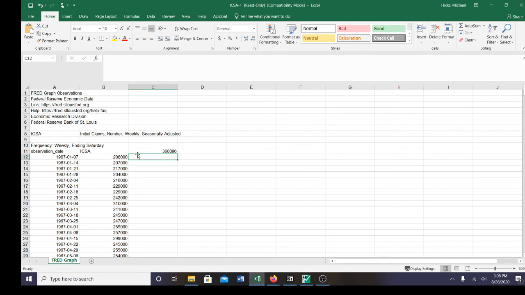So we care about the average test scores of a school. We care about the average height, maybe, or weight of a defensive line. And in this case, we care about the average number of new or initial claims each week. That's one way of describing the data.